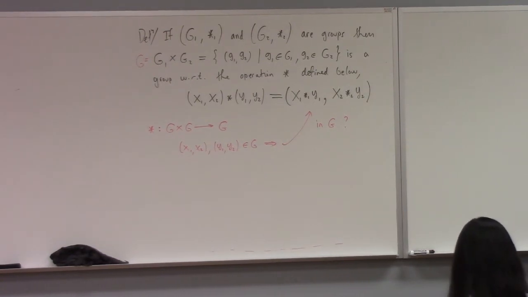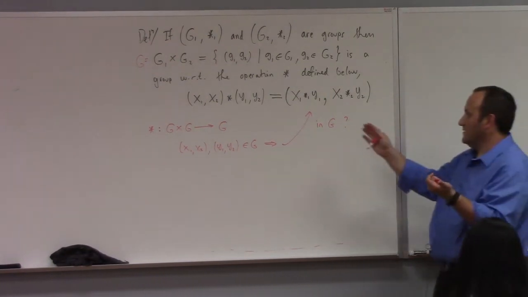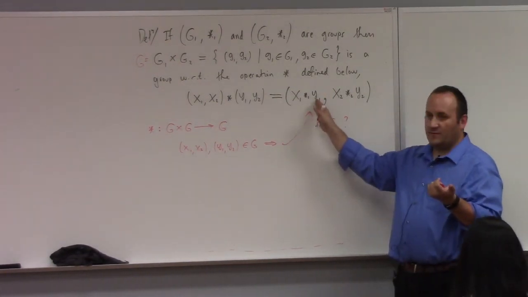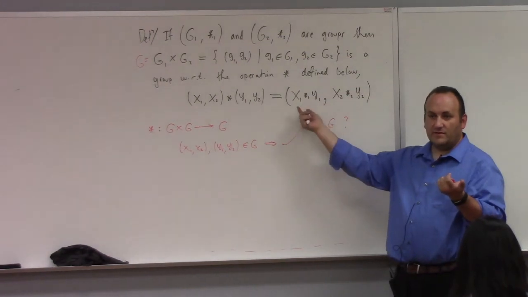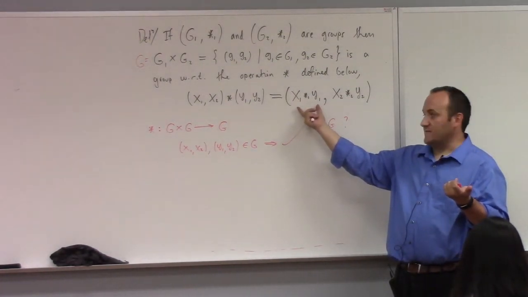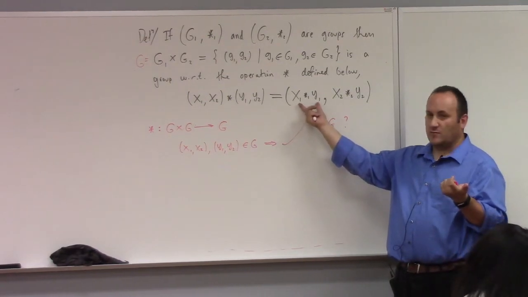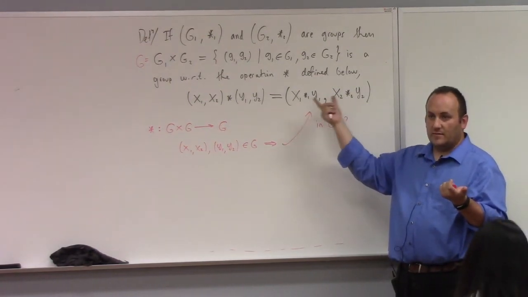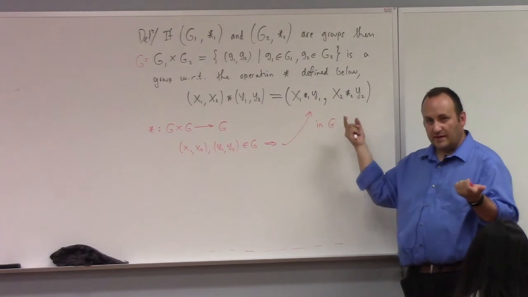What does it mean to be in G? It means that the first component is from G1 and the second component is from G2. So how do I know that x1 star 1 y1 is in G1? Well, that's because G1 is a group and star 1 is its multiplication. So the fact that star is binary follows from the fact that star 1 and star 2 are binary operations on G1 and G2 respectively.